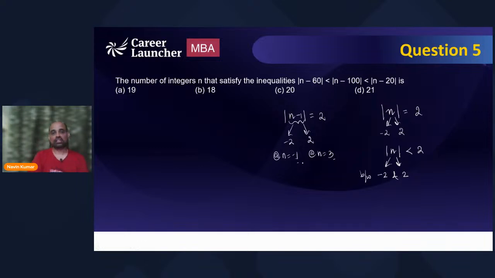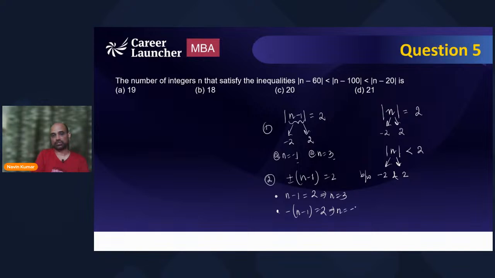First approach, right? Second approach: if I remove the mod and put brackets, I'll have to put plus minus before it. So I will be getting 2 equations. n - 1 = 2 results in n = 3. The second equation will be -(n - 1) = 2. If I solve this, I will get n = -1.